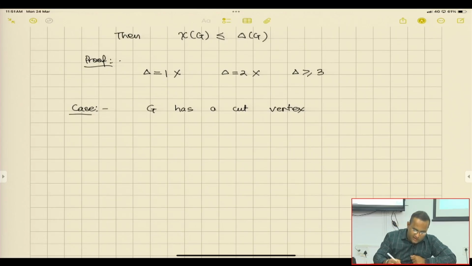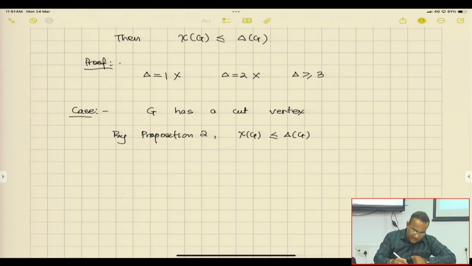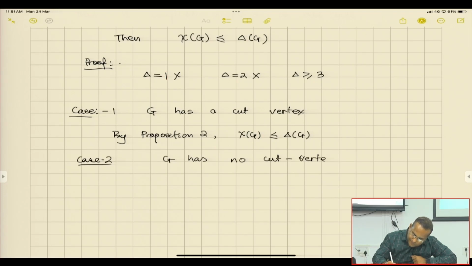By the proposition 2, chi G is at most delta of G, right? So now case 2: G has no cut vertex. Then what can we say about this?